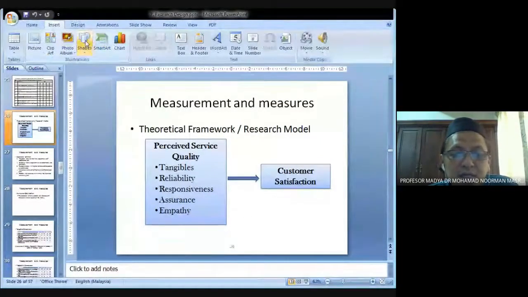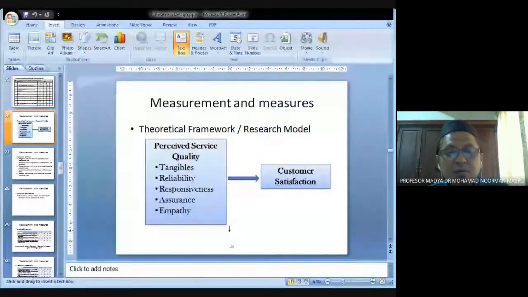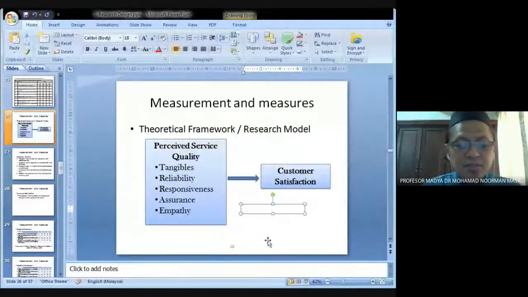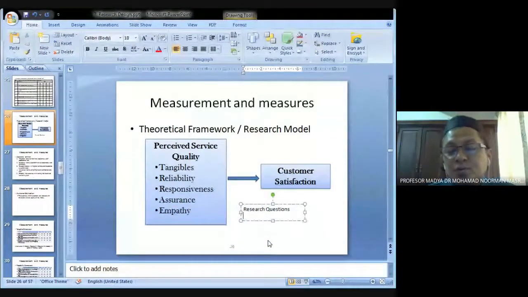Research questions. Again, please do not confuse with research questionnaire. Research questionnaire is a tool for data collection. Research questions are almost similar to research objectives. It's just that with research questions, you have a question mark at the end of the sentence. How do you write research question for a framework like this?